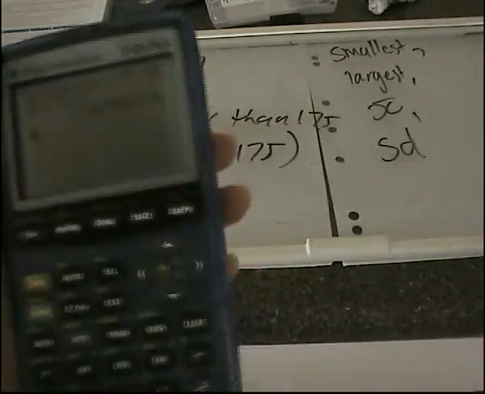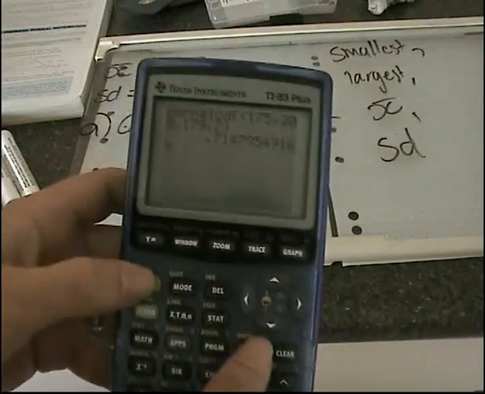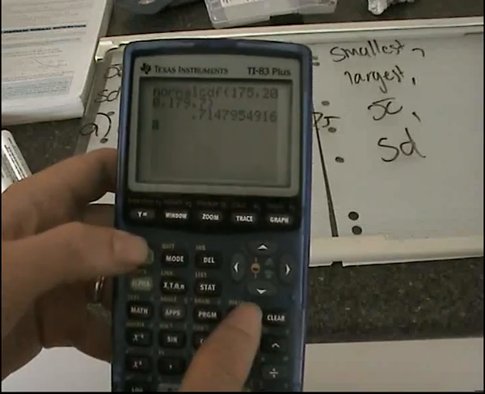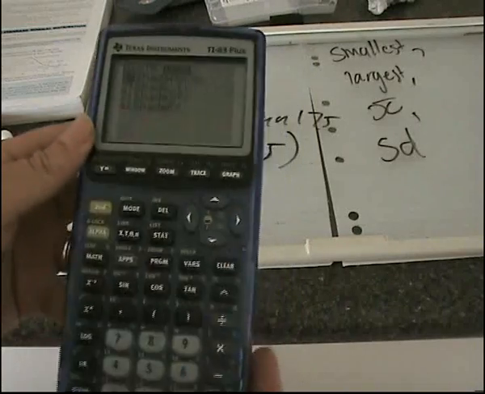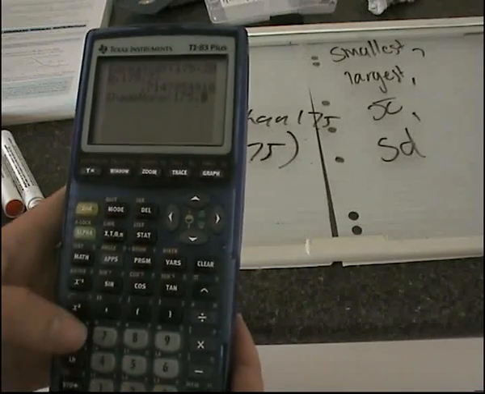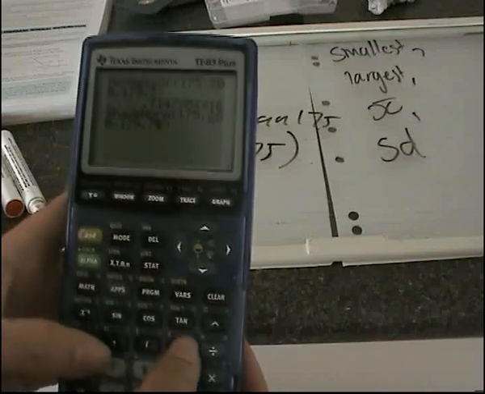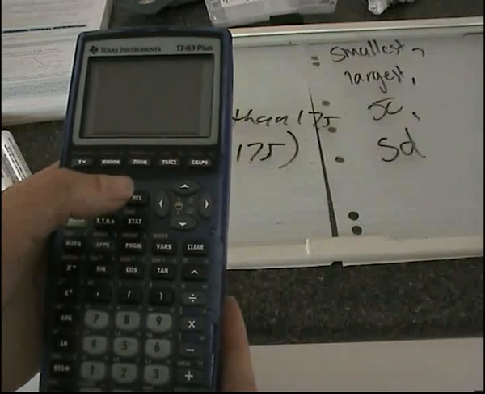So now that I've got that number, I do the same thing to draw it. Second vars, go to draw, shade norm, put in the same numbers. So 175, comma, 200, comma, 179, comma, 7, close brackets, enter.